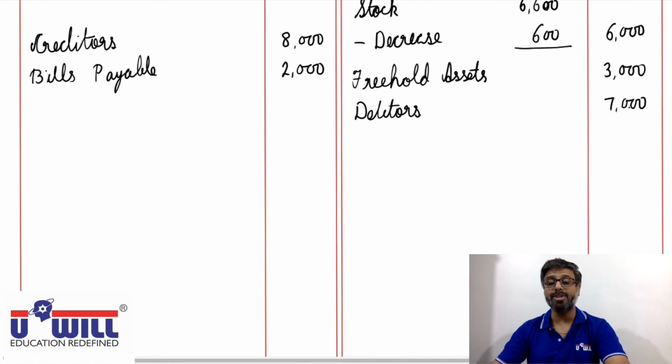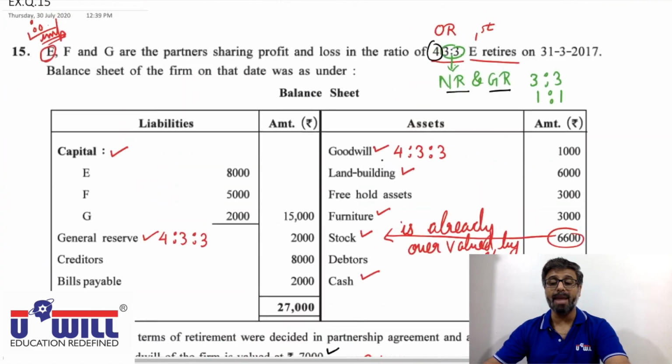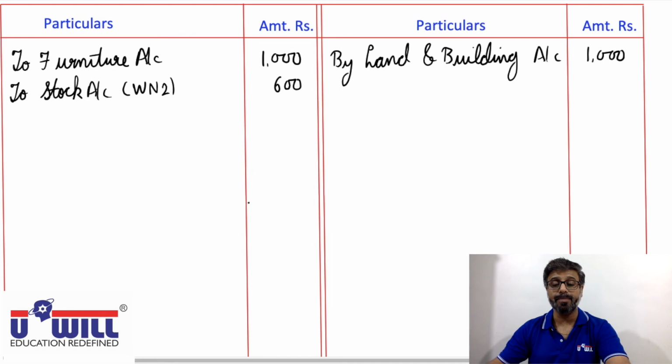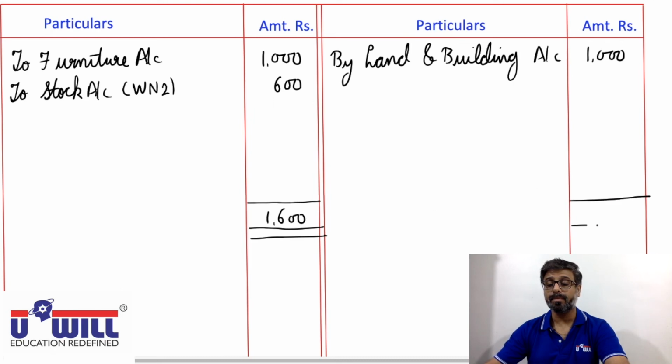Debtors 7,000 on the asset side. Okay, then cash is ticked, means recorded. Now we do the balancing. Revaluation account debit side 1,600 minus 1,000, so 600 will remain, by partners' capital account.